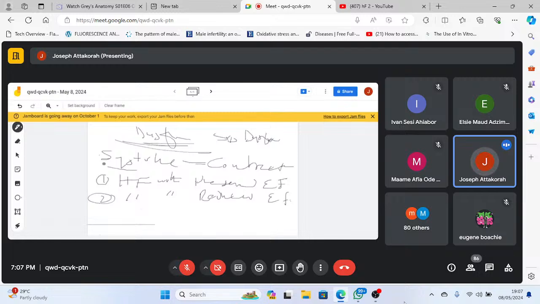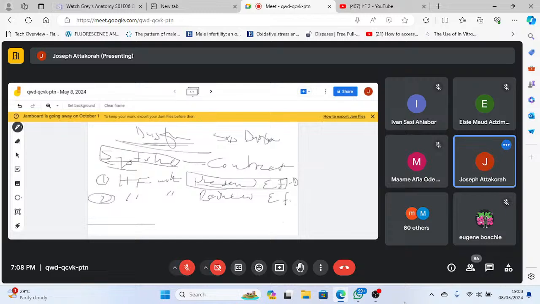It means that the contraction is okay. There's no problem about the contraction. That is why we have preserved ejection fraction. So the problem is not due to the systolic. The problem is due to what? Diastolic. There's a diastolic dysfunction.